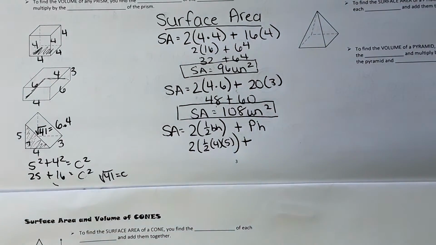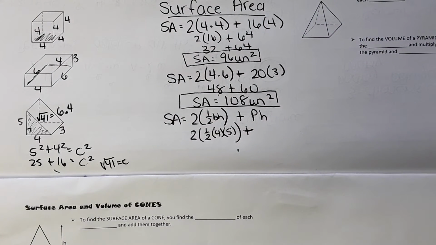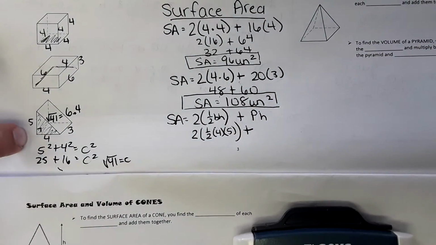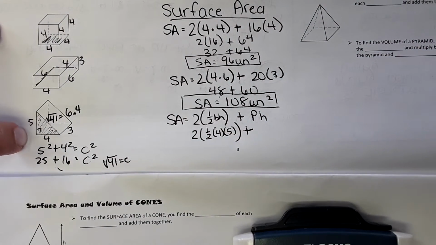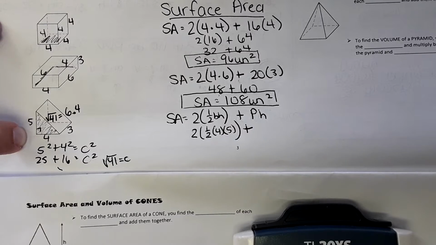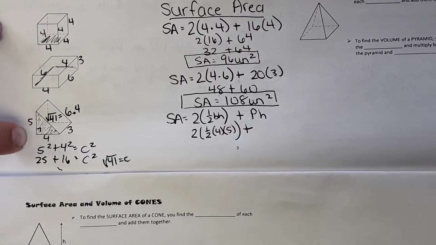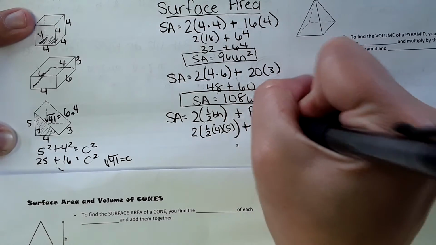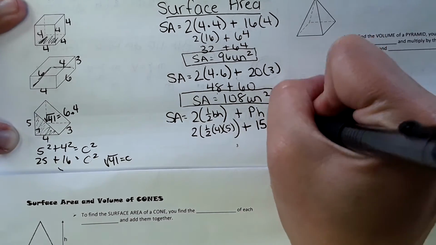We'll round it to 6.4. Now that we have the 6.4, we can add up those three numbers to get perimeter. So 5 plus 4 plus 6.4 equals 15.4, times the height, which is 3.